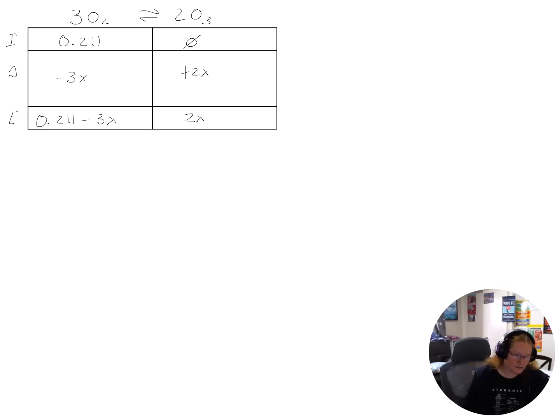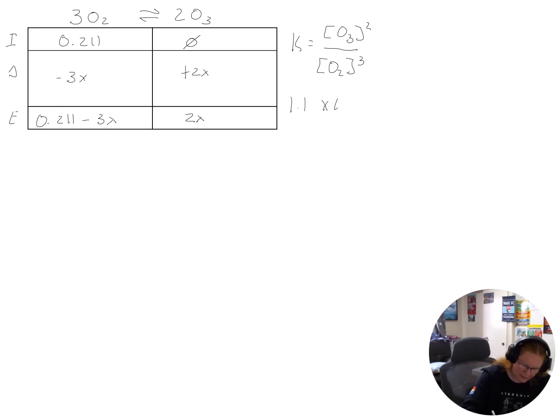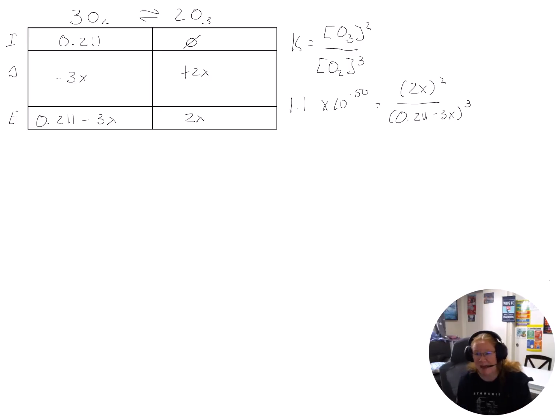All right, so we get K is our ozone raised to the second power over our oxygen raised to the third power. So we get 1.1 times 10 to the negative 50th is equal to 2x squared over 0.211 minus 3x quantity cubed.